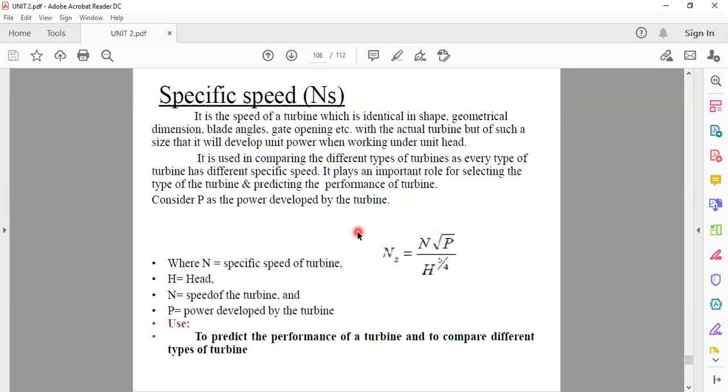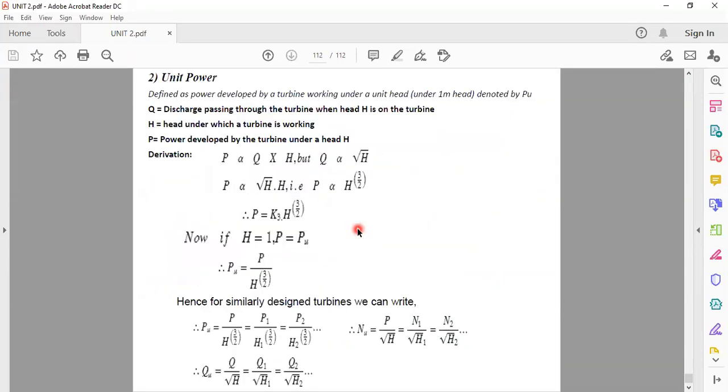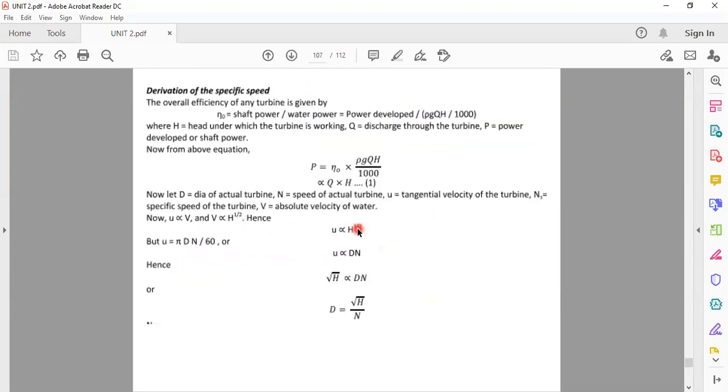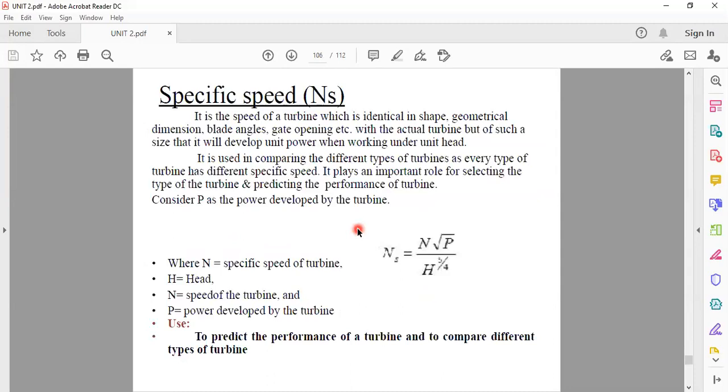Now, next, specific speed. It is the speed of a turbine which is identical in shape, geometrical dimensions, blade angles, and gate opening with the actual turbine, but of such a size that it will develop unit power when working under unit head.